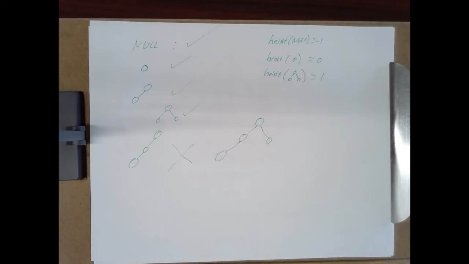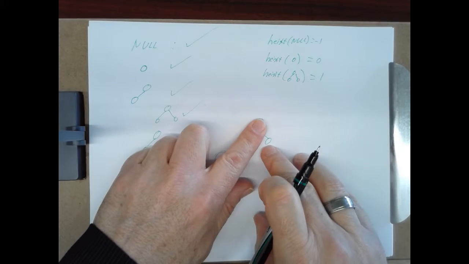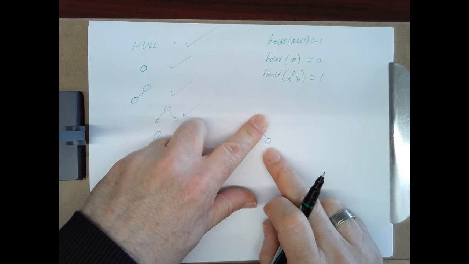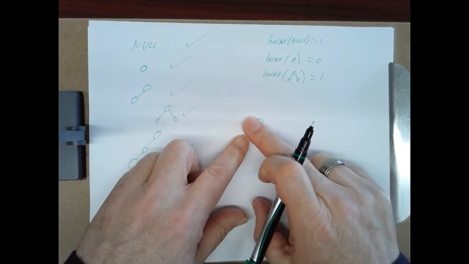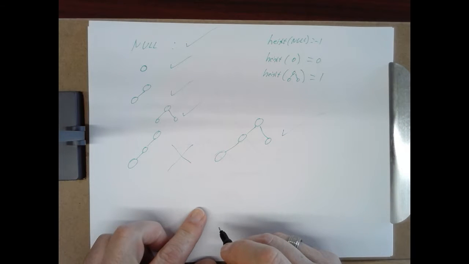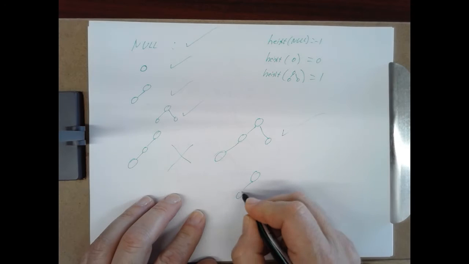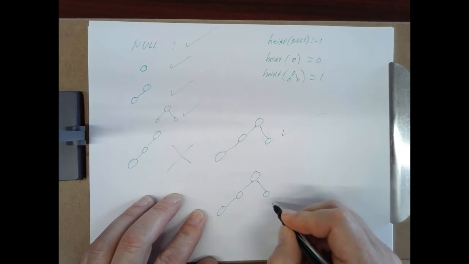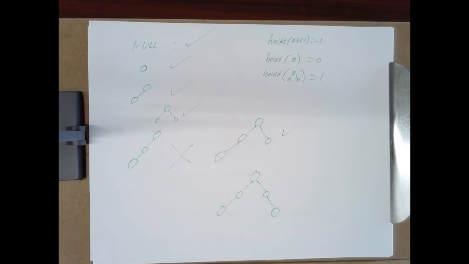So if we have this, balanced, balanced, the height of this subtree is 0, the height of this subtree is 1, that's balanced. And in fact, left and right subtrees have the same height.